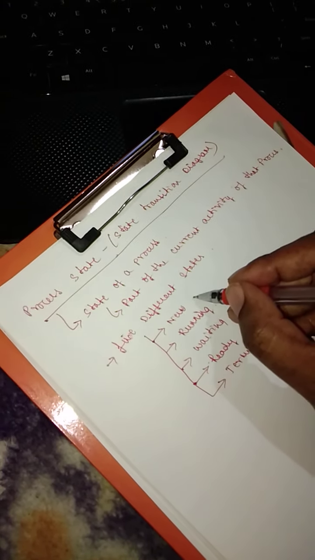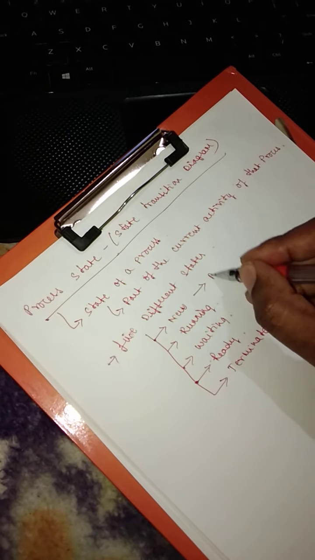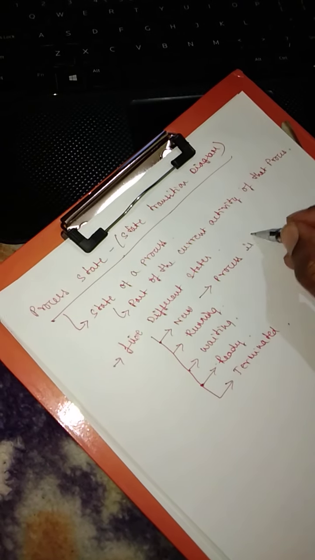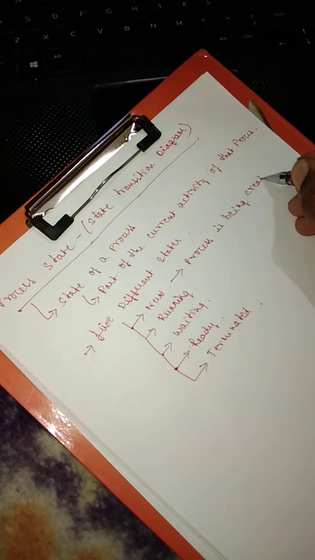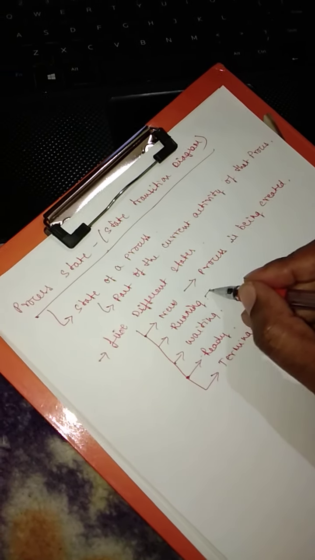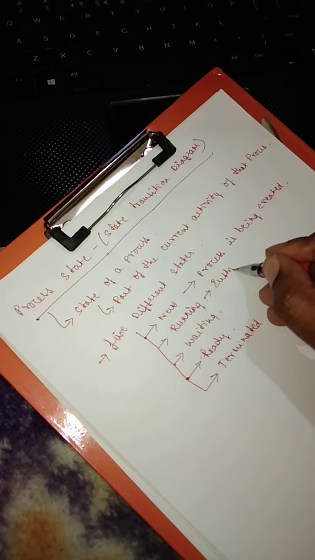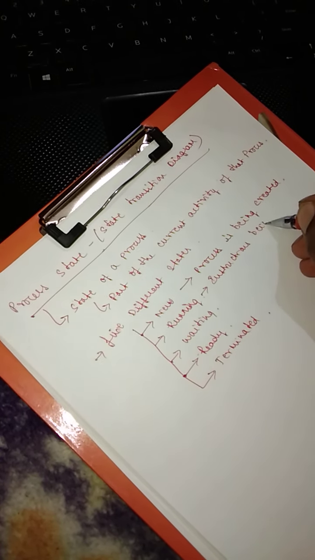So this new state is nothing but when a process is created, this new state is invoked. Similarly, this running state signifies the instructions being executed.